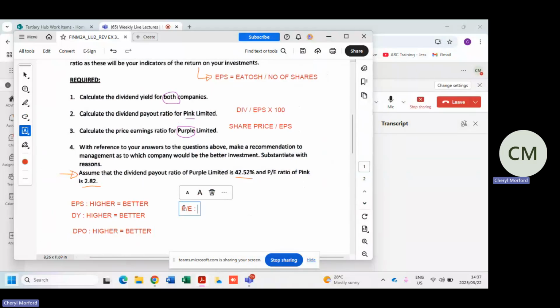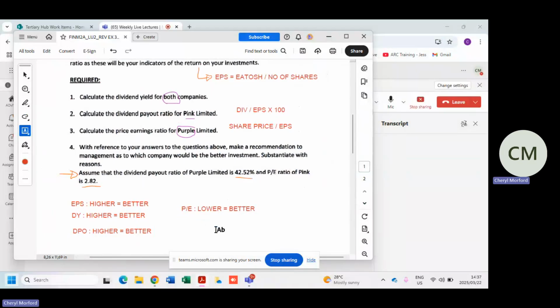In the case of 2, you only need 2 dividend payouts, so you recover your investment quicker. Or for every 1 rand of profit, you pay 2, compared to every 1 rand of profit you get back, you're having to spend 10. So therefore, in the case of the PE ratio, lower is actually better.